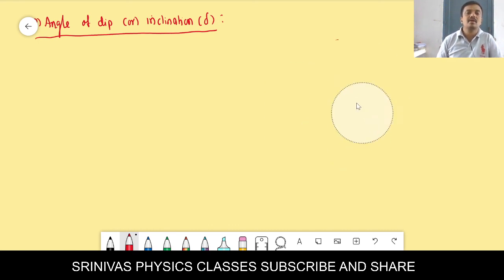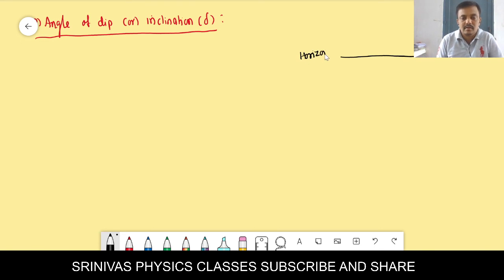Now if we take one particular point, this is the horizontal. At a particular point, the net earth magnetic field makes some angle with the horizontal.